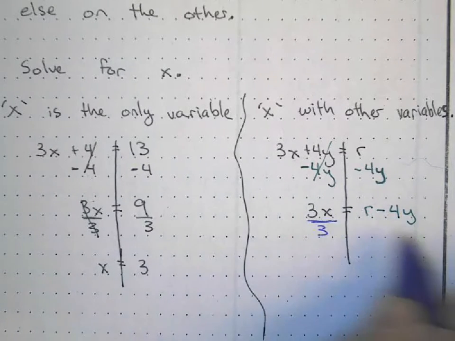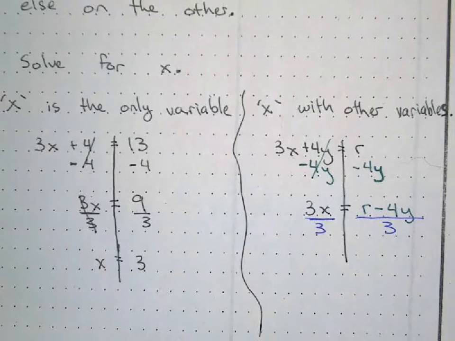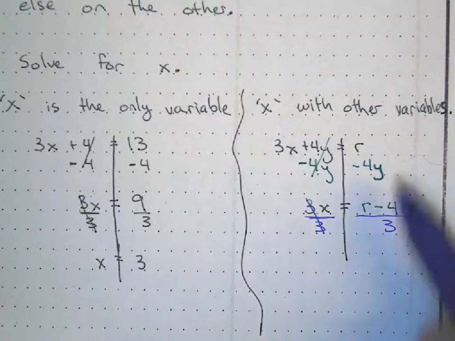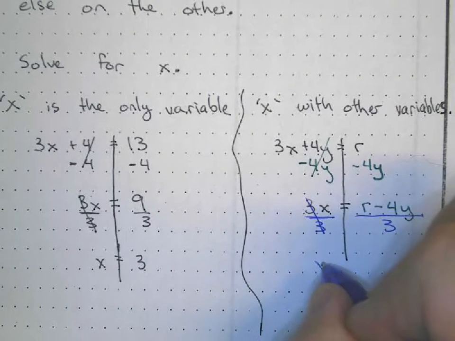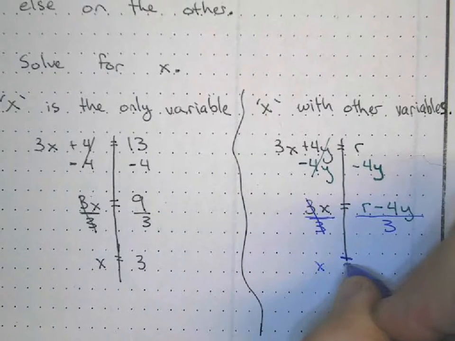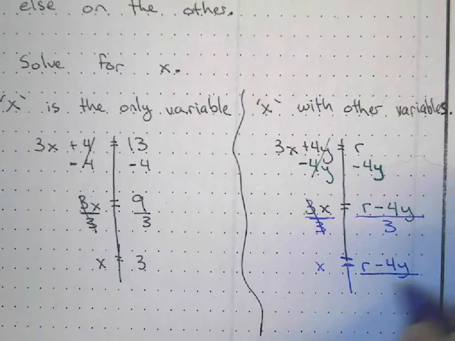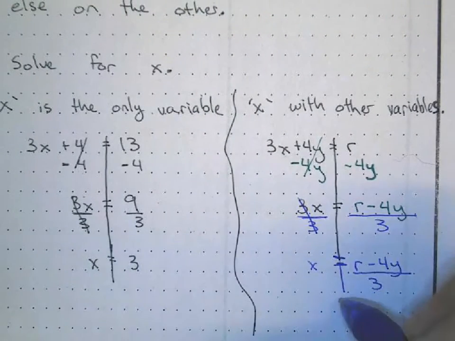I'm going to divide by 3. But I need to divide the whole thing by 3. My 3's cancel. I can't simplify this. So I'm going to just have x equals r minus 4y divided by 3. That's my answer.